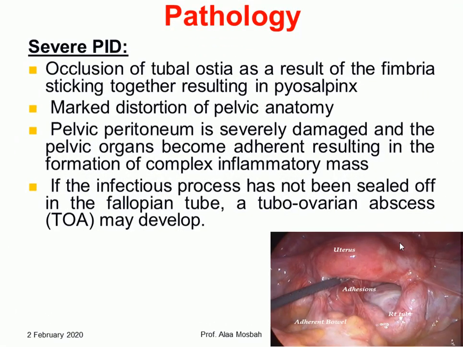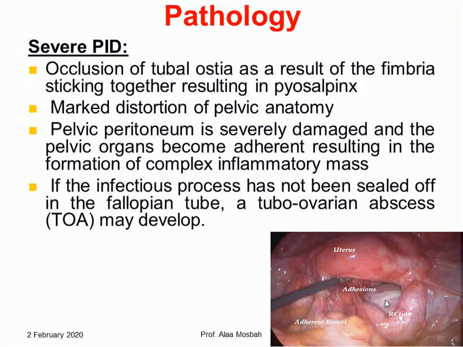What about severe PID? As in this picture, there is occlusion of the tubal ostia as a result of fimbriae sticking together, resulting in hydrosalpinx and pyosalpinx. Marked distortion of the pelvic anatomy, as you see in the picture.